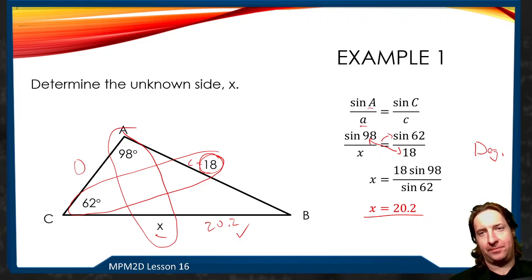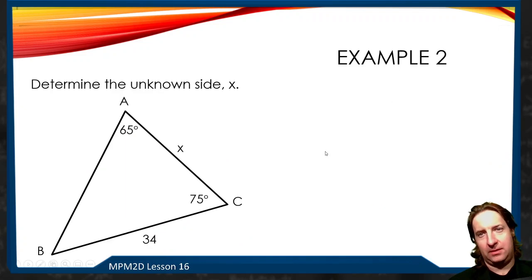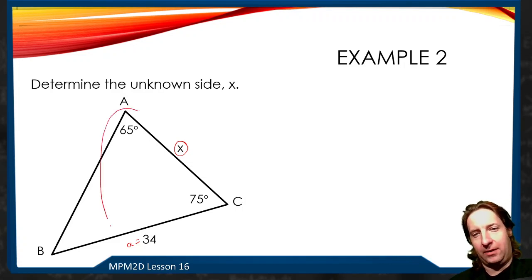Okay, let's try another one. What happens now if I have angle A is 65 degrees, angle C is 75 degrees. I have side X that I'm looking for, and I know that lowercase a here is 34. So right away, I can see that I have a pair.